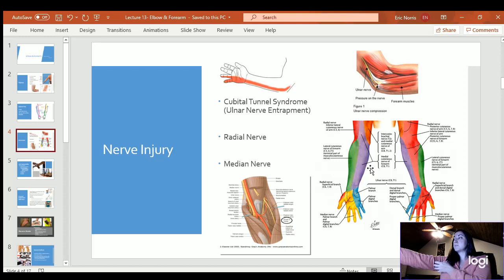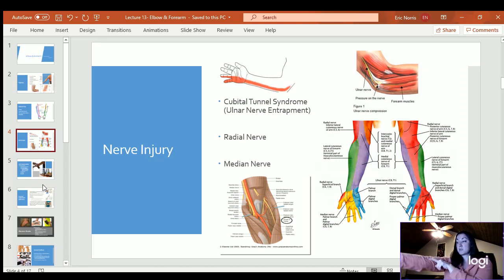The radial nerve, I think I have a picture of this somewhere, but the radial nerve then crosses, ulnar, median, radial, crosses. Let me see if I have a picture of that. I'm not seeing it right now, but right, yes. Okay, so the ulnar goes behind and travels through that cubital tunnel.